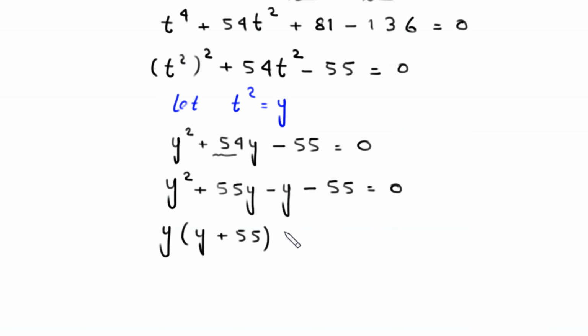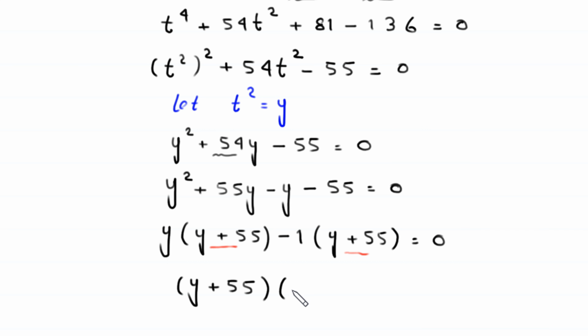From these two terms we can factor out negative 1, in bracket y plus 55, equal to 0. This y plus 55 is a common factor, so we factor out y plus 55, and in bracket y minus 1 equal to 0.